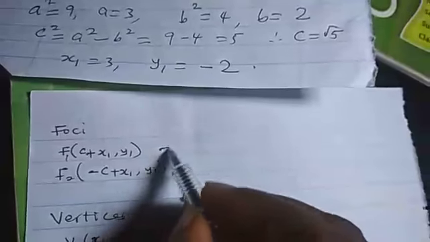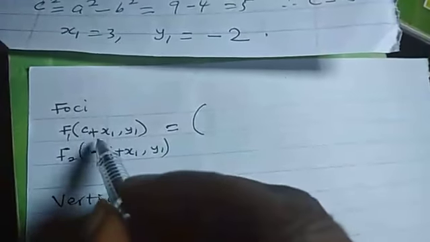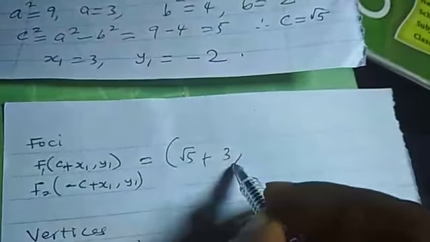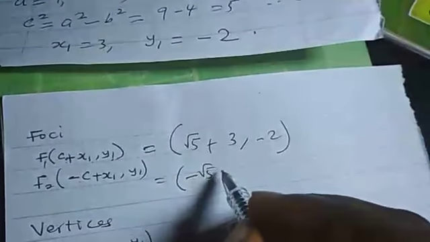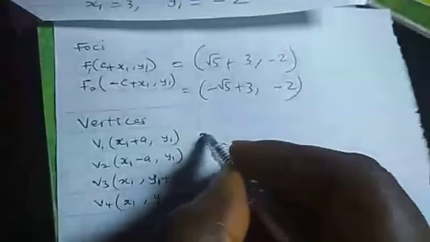The foci will be, these are the formulas, c plus x1. Our c is root 5, so root 5 plus our x1 which is 3, comma y1, our y1 is minus 2. The other one is minus root 5 plus 3, comma minus 2. So we are done with the foci.